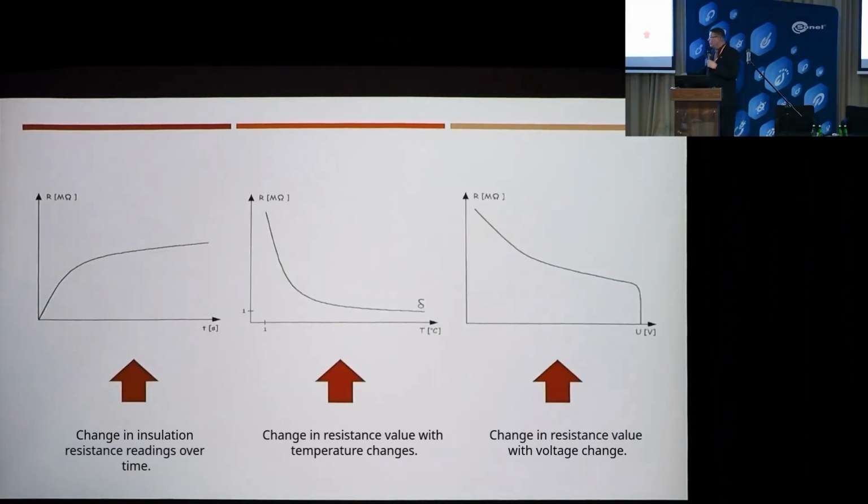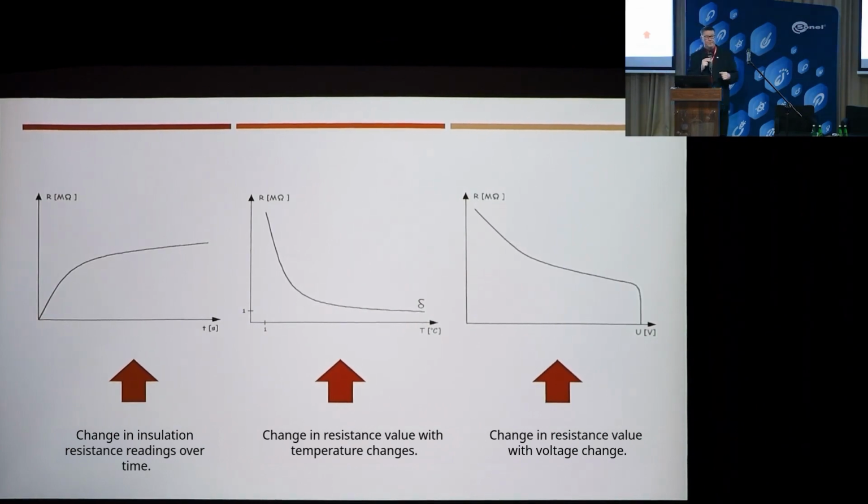To sum up what I showed, during changes in the current in the circuit caused by capacitance and polarization, the resistance indicated by the meter will increase over time. It's different with a change in the resistance value as the temperature changes.